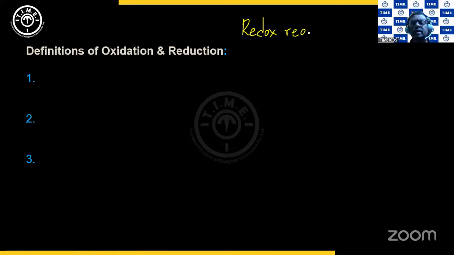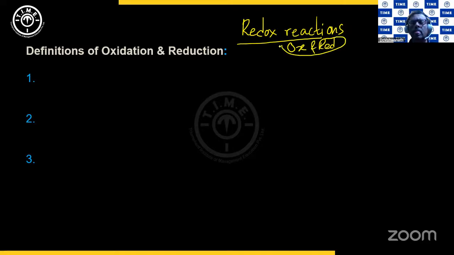A redox reaction is one where both oxidation and reduction are taking place. Oxidation and reduction cannot happen in an isolated manner. Both take place in a single system.